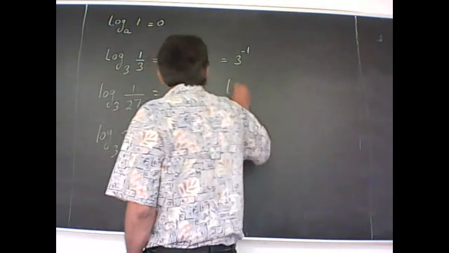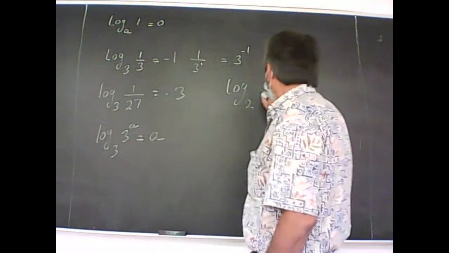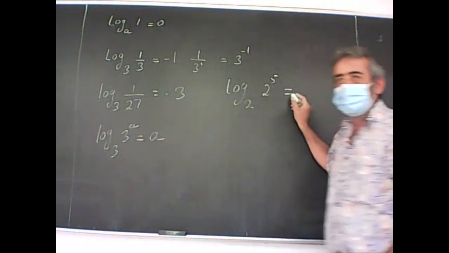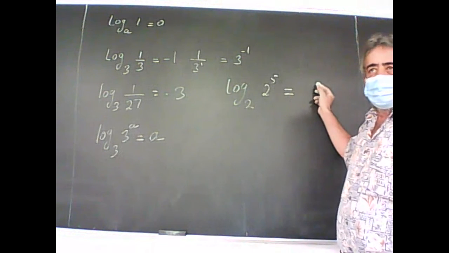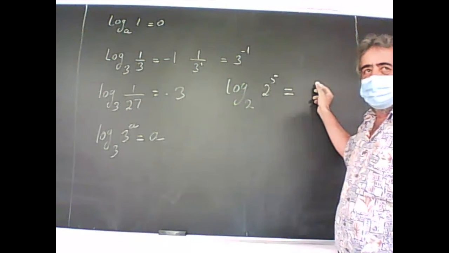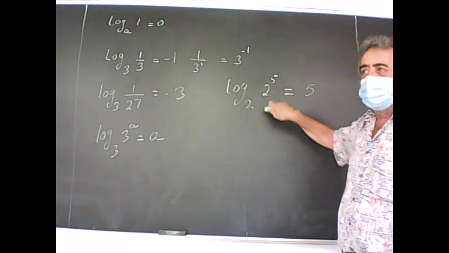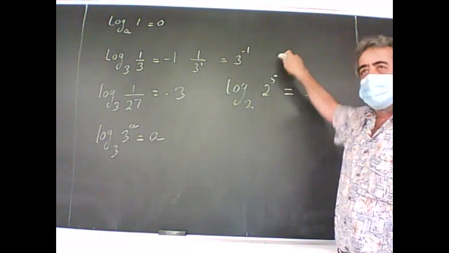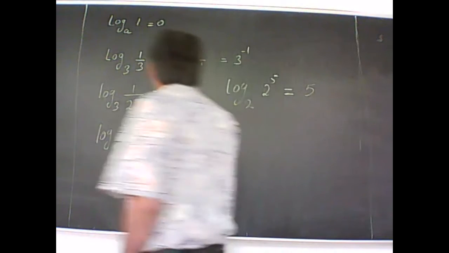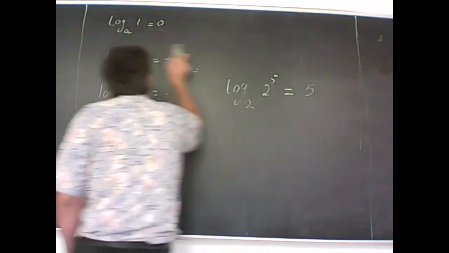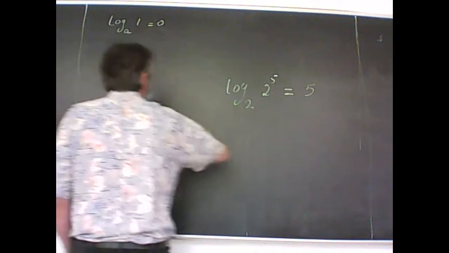So again, if I go log base 2 of 2 to the power 5, that would be what? 5. Because 2 raised to the 5th power equals 2 to the power 5. Yes? So rule number 2: log base a of a to the x equals x.